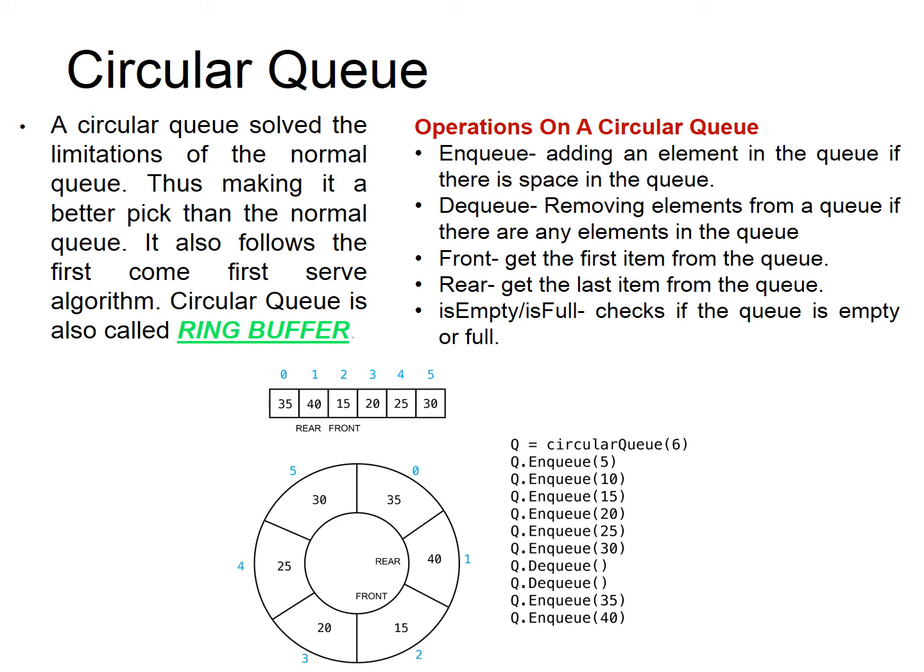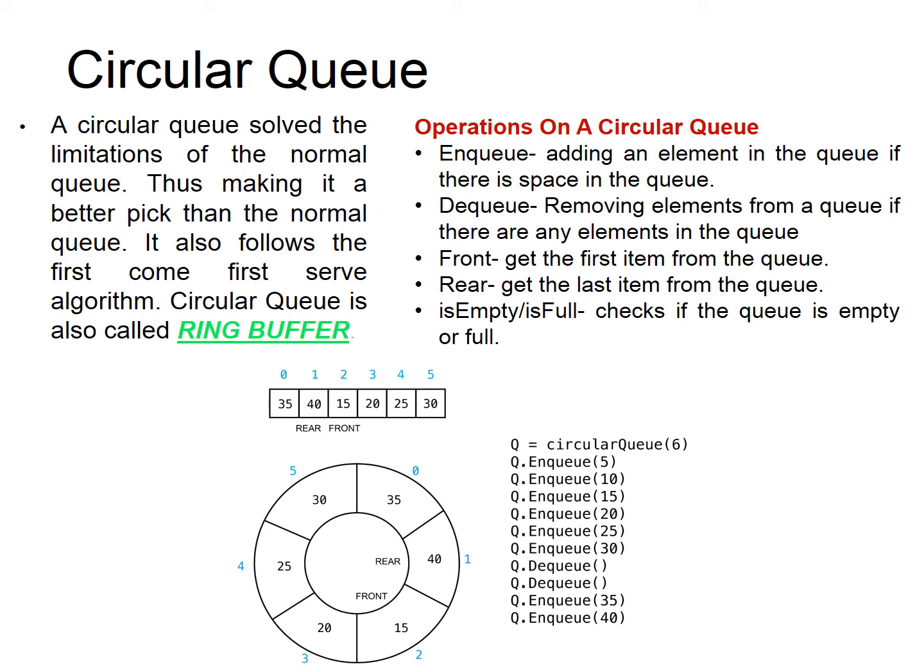Now you can see an example. It's a circular queue of size 6, so you can store 6 elements in the queue. Now I am performing the NQ operation for 6 elements: 5, 10, 15, 20, 25 and 30. So 6 elements have been inserted. After that I performed 2 DQ operations.